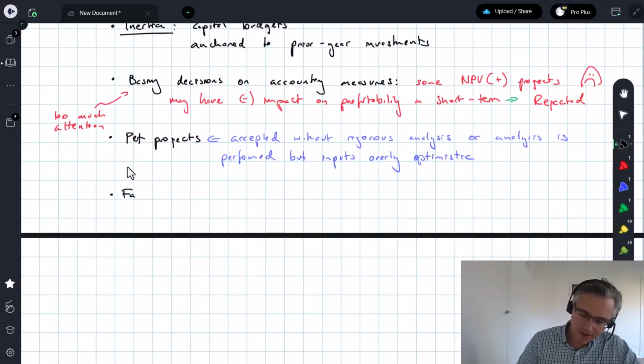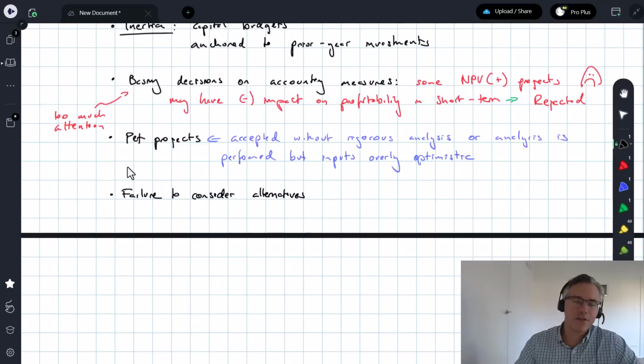And the final one is failure to consider alternatives. This takes us back to the idea generation phase. We shouldn't stop at the first thing that may potentially work and say, let's go with that, let's count the numbers. You should generate many alternative ideas and see which one is best.